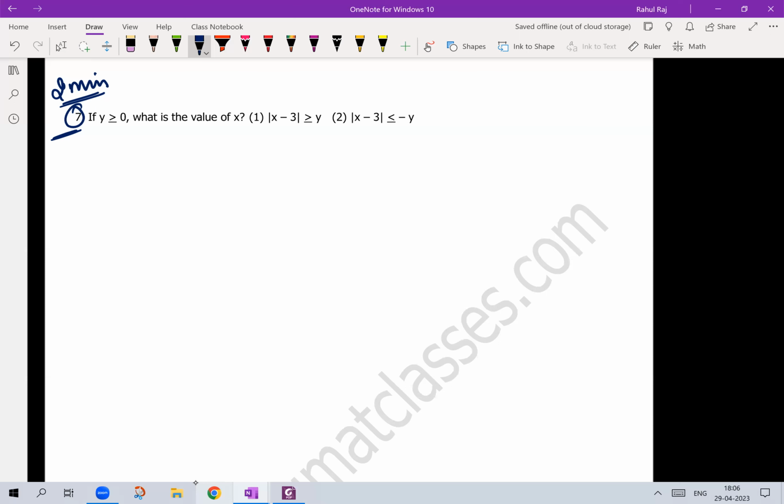Any answers? I think the second one, which is B, is sufficient. The first one is not sufficient. Perfect. Anyone else, please?